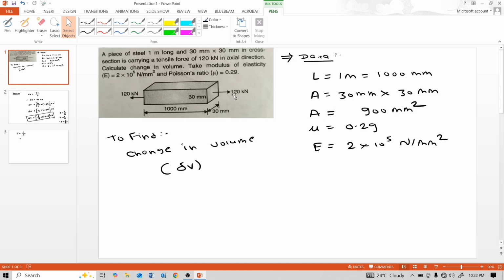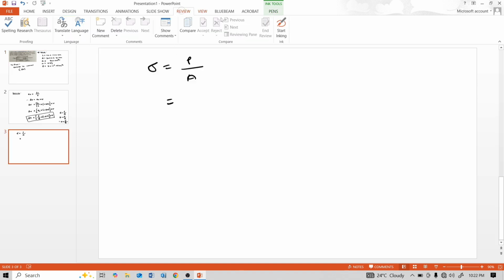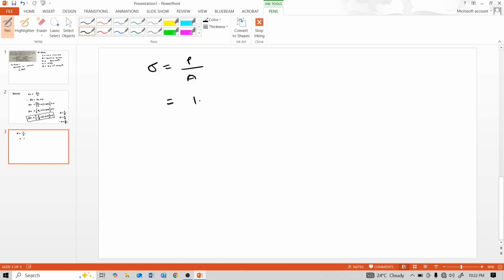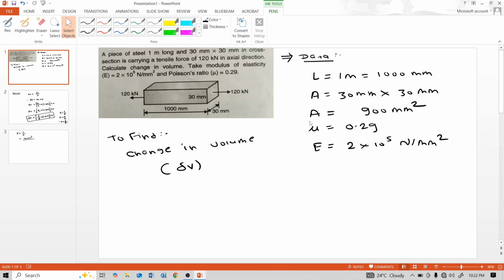See, axial load is 120 kilonewton, that is 120 into 10 raised to 3 Newton, divided by area 900 mm square.